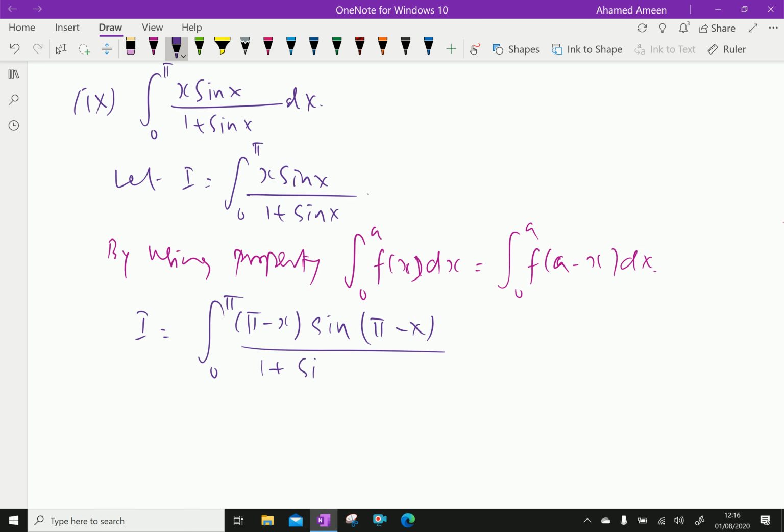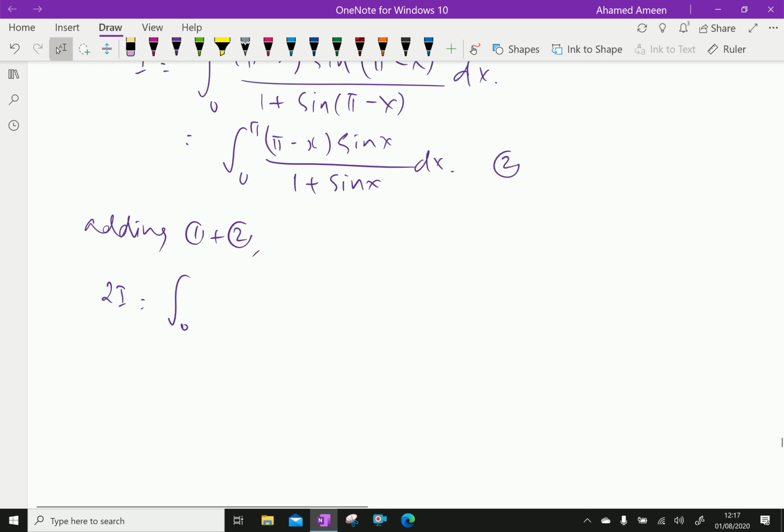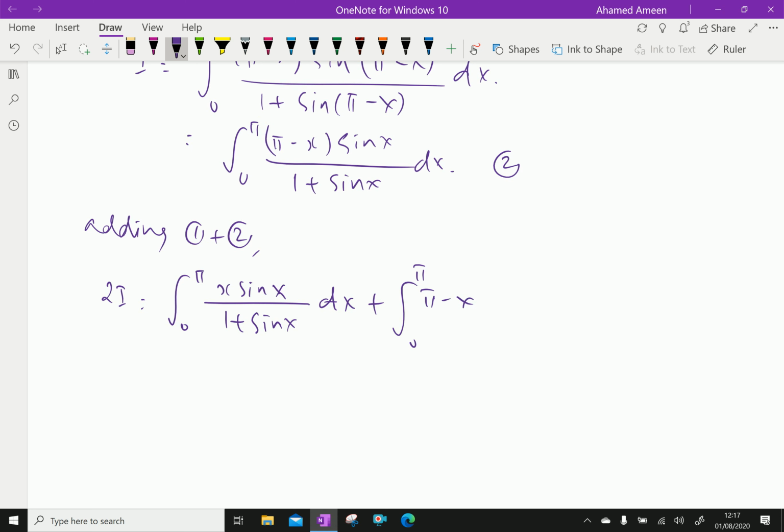Now adding 1 and 2, adding 1 plus 2, we get 2I. 2I equal, that is integral 0 to pi x sin x over 1 plus sin x dx plus integral 0 to pi pi minus x sin x over 1 plus sin x dx.